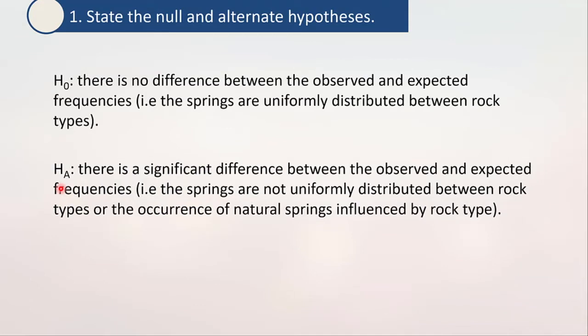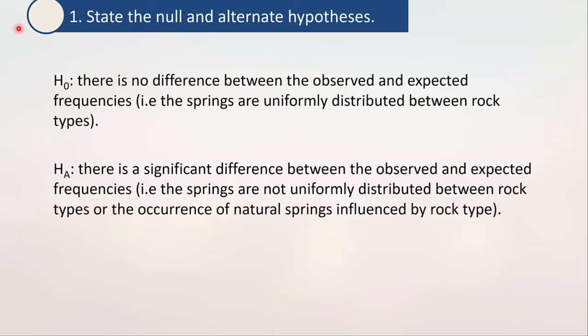Again, we are following the 5 basic steps of hypothesis testing. The first step is to state the null hypothesis and alternate hypothesis. For the null hypothesis, we are always stating that there is no difference. Here, since we are comparing the observed and expected frequencies, we state that there is no difference between the observed and expected frequency.